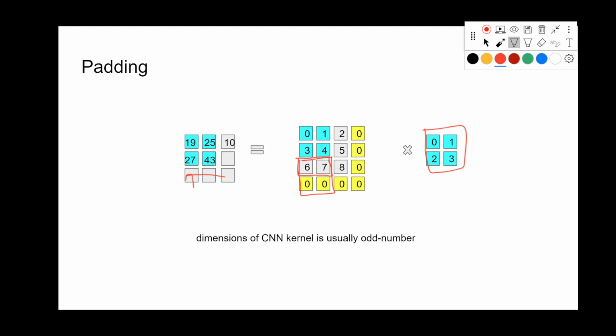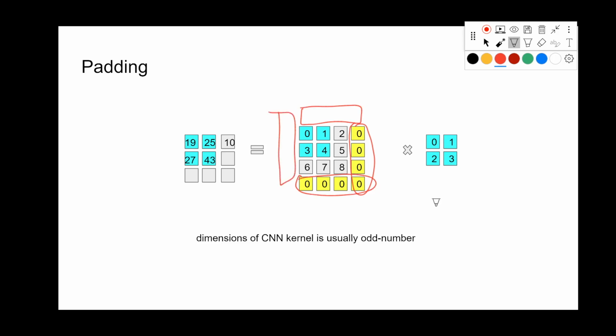Okay, so this is called padding. The yellow block is called padding. But in this case, there's one strange thing here, because we only pad on the right and the bottom side. There's no padding on the top and the left side.